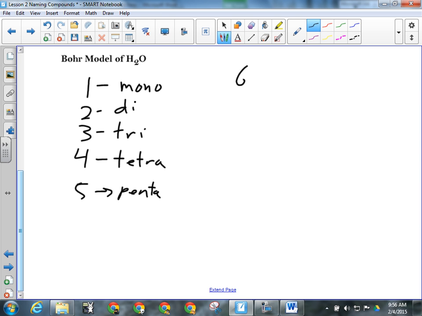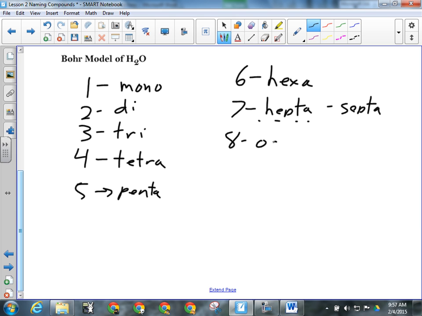For 6, it's hexa. For 7, it's hepta. Some people will also say septa, but if you say that in front of Mr. Real, who teaches Chem 20, he'll flip out. He hates that. I don't know why. So go with this one. Number 8 is octa. Number 9 is nona. So just like your shapes. And number 10 is deca.